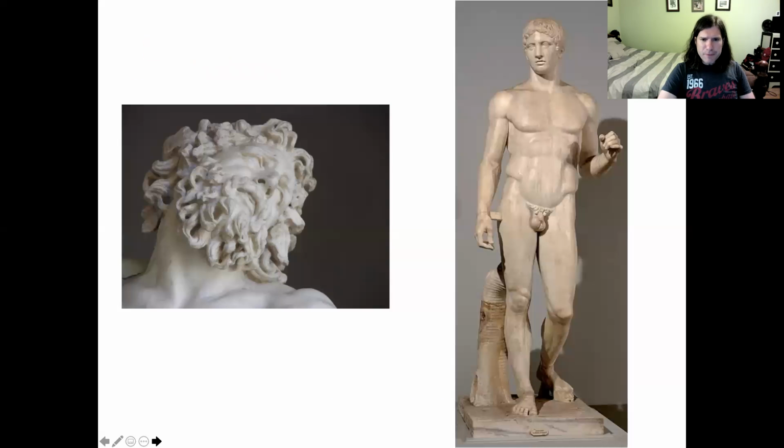As a point of comparison, that's the Spear Bearer, or the Doryphorus, on the right. Again, typifying that classical Greek sense of perfection and mastery and emotional control. So it's a real study in contrast there.